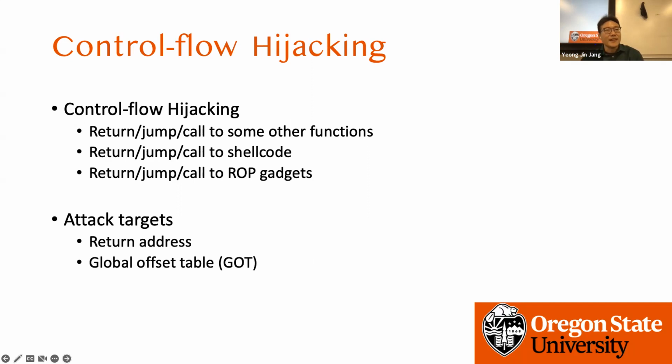and global offset table overriding. If you do not recall what the global offset table is, I described that there's a binary program that needs to be linked with existing libraries. Those library addresses are unknown, but at runtime, if we call that function one time, the dynamic linker resolver will put the function address into the global offset table.